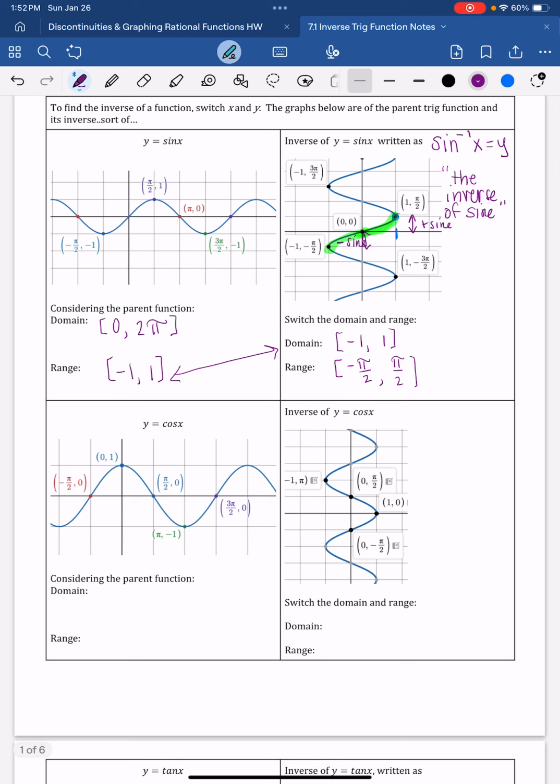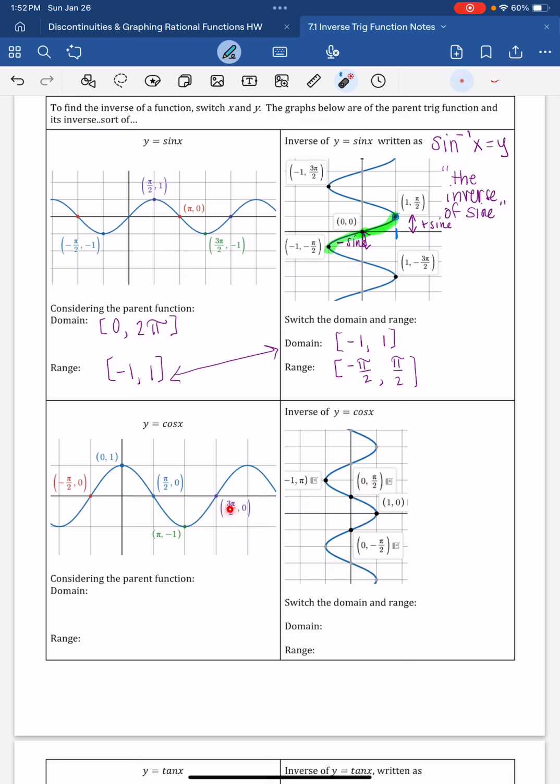All right, so for the cosine curve, the domain and range are a little bit different. For the parent function, I graphed a little bit more, but here's the parent. And I switched x and y. So the point (0, 1) on the cosine graph is the point (1, 0) on the inverse graph. The point (pi/2, 0) became (0, pi/2).